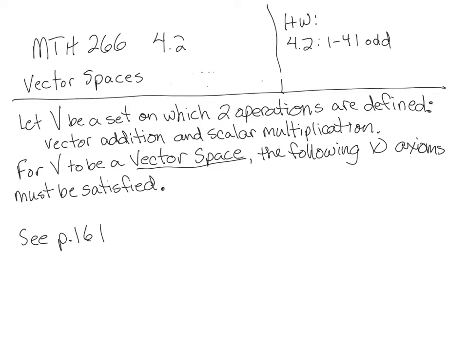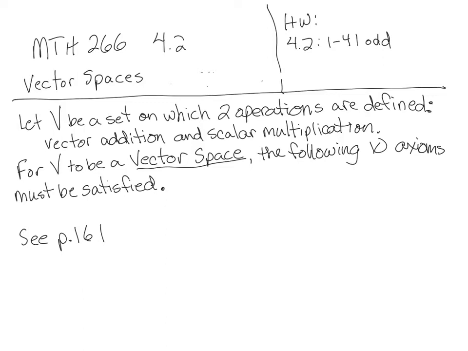All right, a vector space, by definition here, let V be a set, and it could be a set of 2 by 2 vectors, 3 by 3, n by n. It could be a set of matrices. It could be a set of functions, set of polynomials, a set of numbers. Could be any kind of set that you can think of. So let it be a set on which two operations are defined.